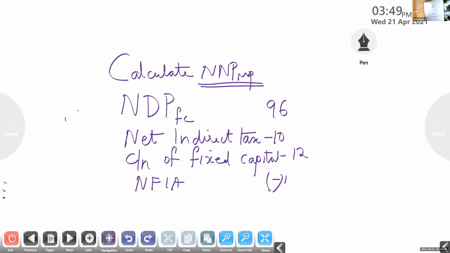What is the formula for NNP-MP? Can anyone say? Formula for NNP-MP: NDP-MP plus NFIA. So those who don't know, you can refer to this: NDP-MP plus NFIA.